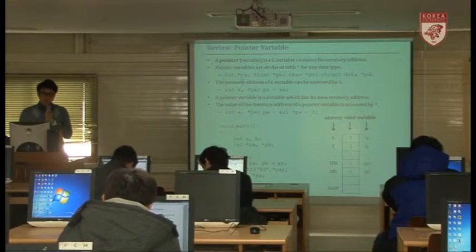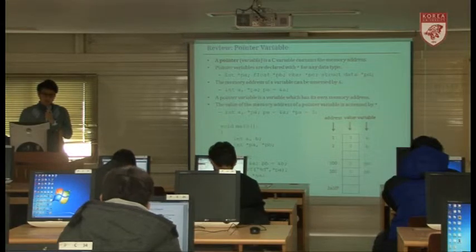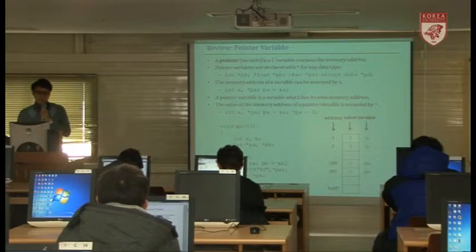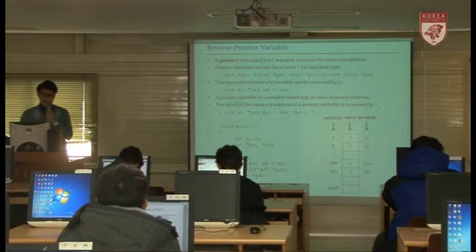So int star means a pointer to an integer variable. Float star means a pointer to a float variable. That means when you declare a pointer variable, it has its own memory space, and its address is represented by a pointer to the float. It's similar for anything.